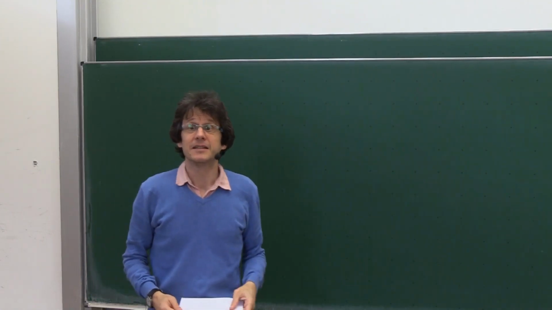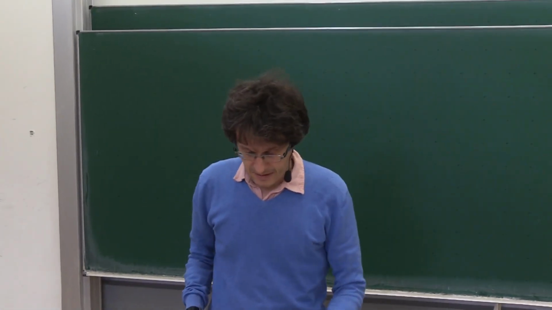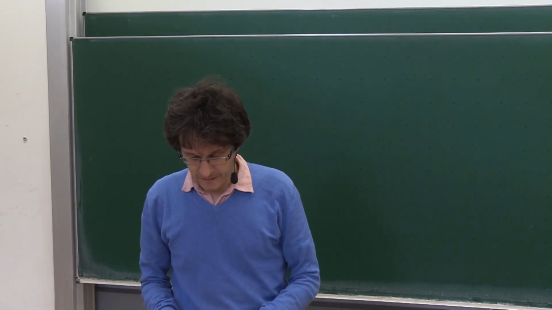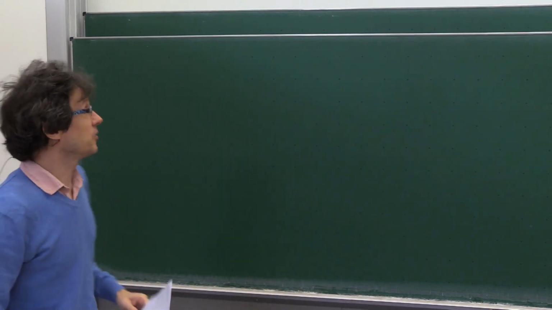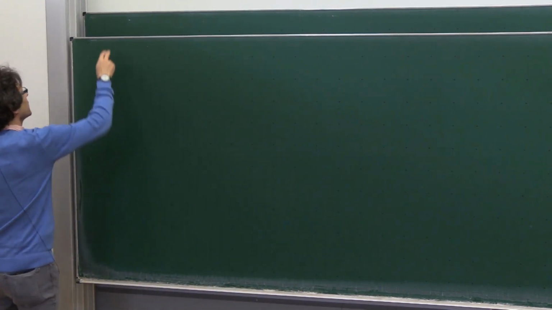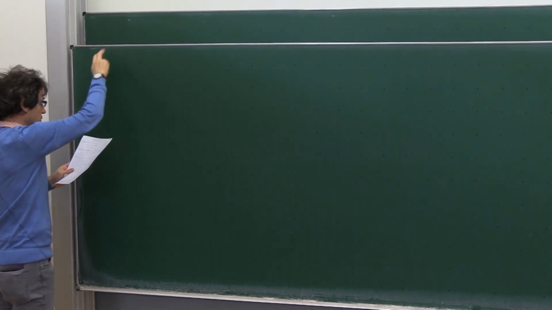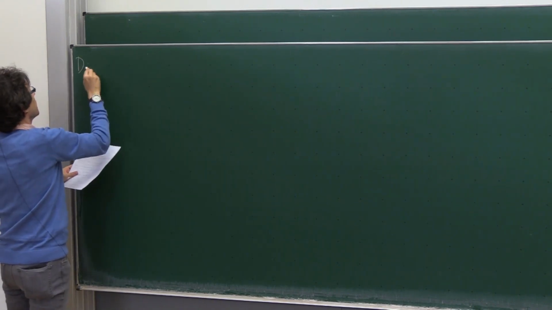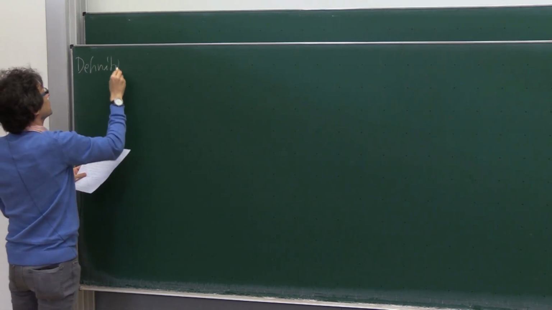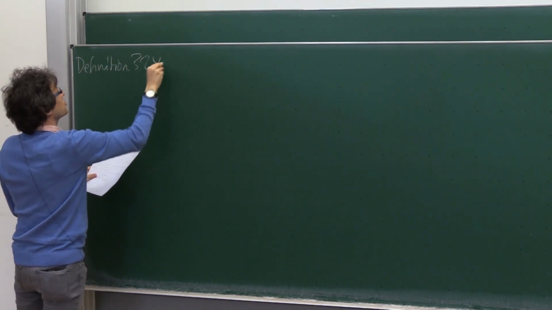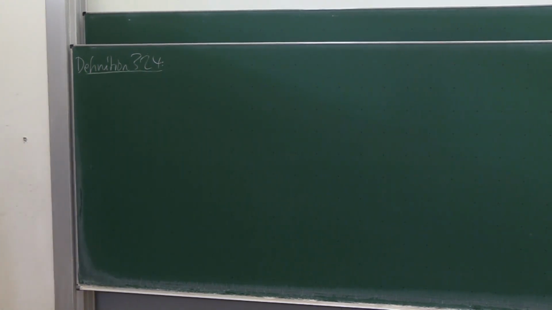Okay, let's start the second part of this lecture. I already told you we will prove an important inequality, the so-called Poincaré inequality, and I need one more geometric notion, a condition on the domain omega that has to be fulfilled for this inequality to hold.